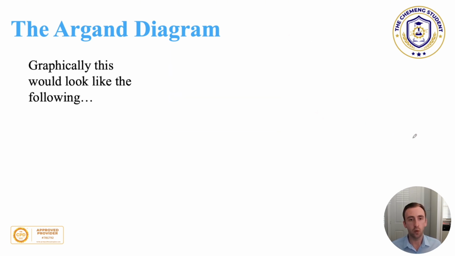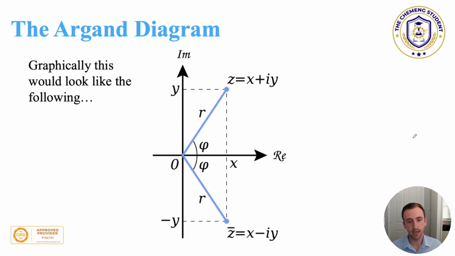Now, graphically, what does this look like? And this is really, really important, because this allows us to visualize the size and the magnitude of these complex numbers. It gives us more context. And a typical schematic would look something like this, whereby our x-axis is the real number, because remember, if we said the 3 plus 4i, this is the x-coordinate.